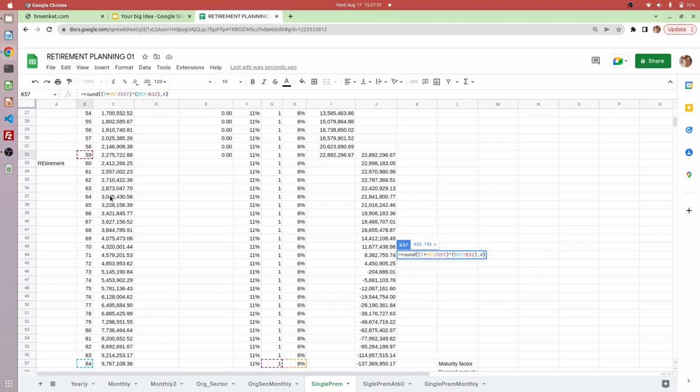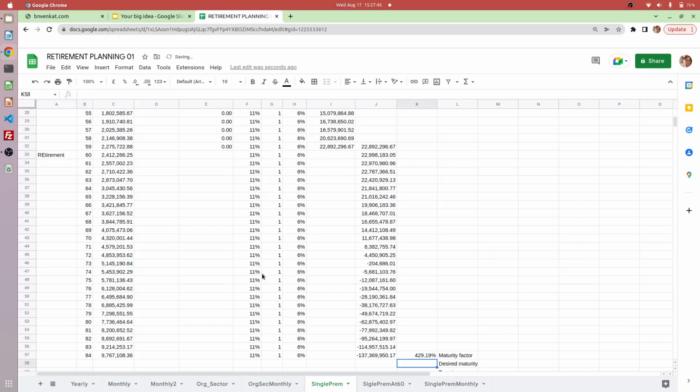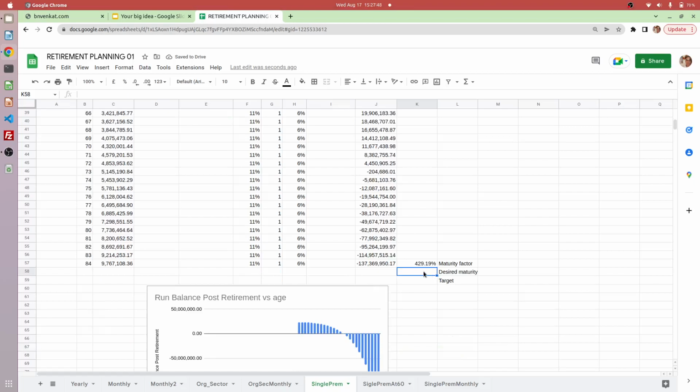We have to take 4 decimals because we are going to have the field expressed as percentage, 429.19%.